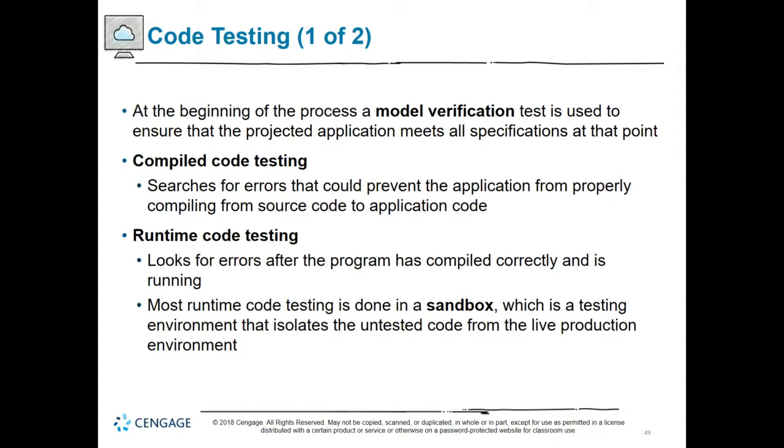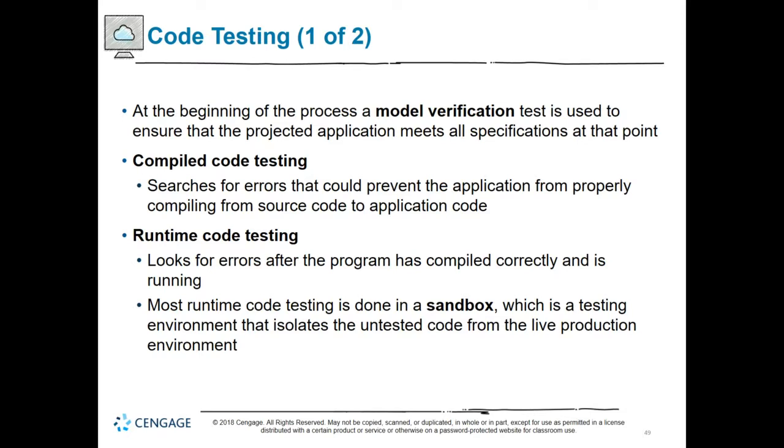We'll also look at the code testing. So we'll go through the process, and we're going to begin the process of model verification test. We're going to use that at the beginning of our process, so we make sure that our application is going to meet all of the specifications that we need it to at that point. So we go through a couple different tests.